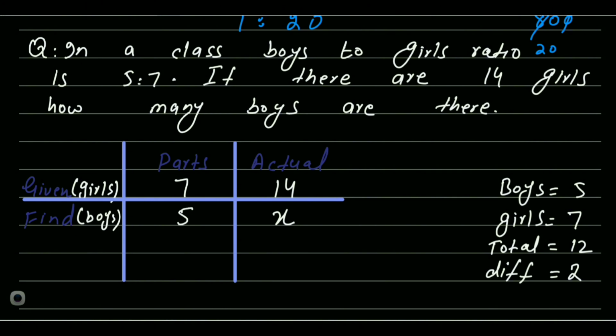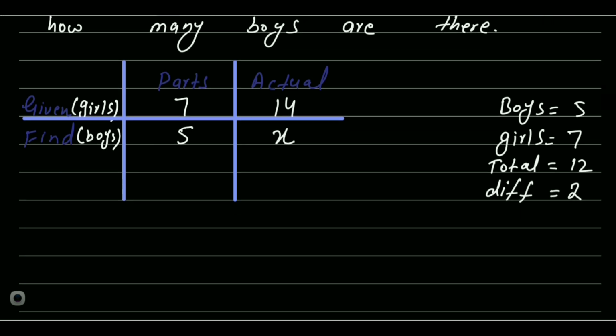Now after that we will do cross multiplication. 7 will be multiplied with x and 5 will be multiplied with 14. So 7x is equal to 14 multiplied by 5 which is 70, and x is equal to 70 over 7, and x is 10.